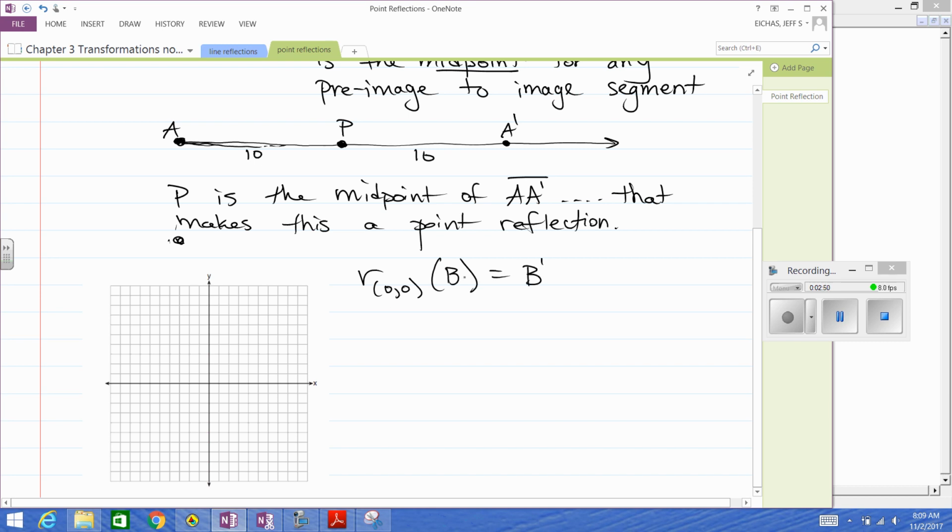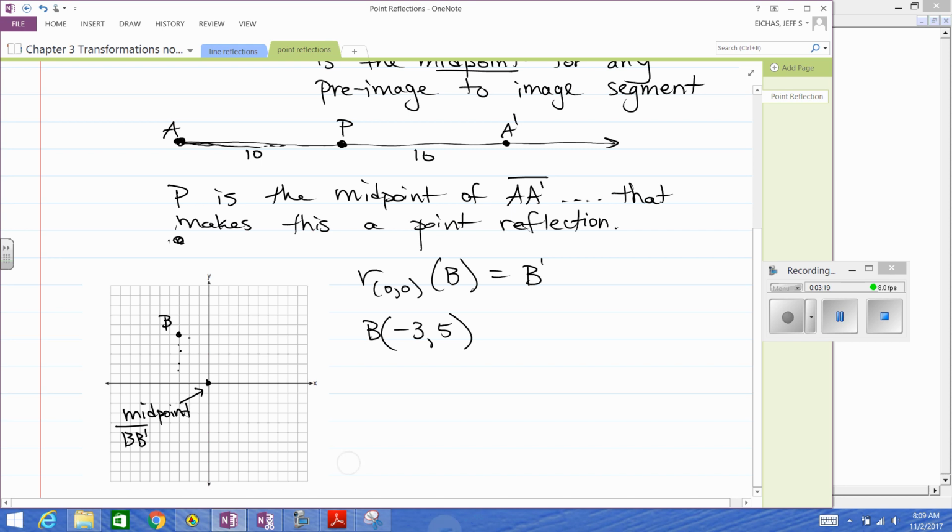So let's reflect through the origin, point B, at -3, 5. So there's B, and there's the origin, 0, 0. Basically we're going to try to find B prime, so act like the origin is the midpoint of B to B prime.